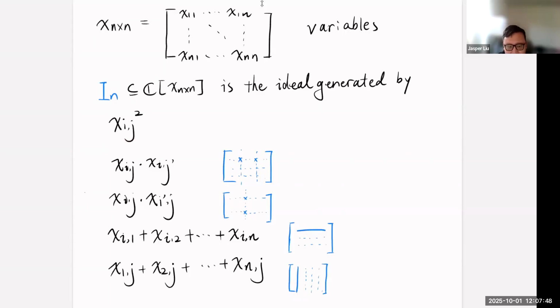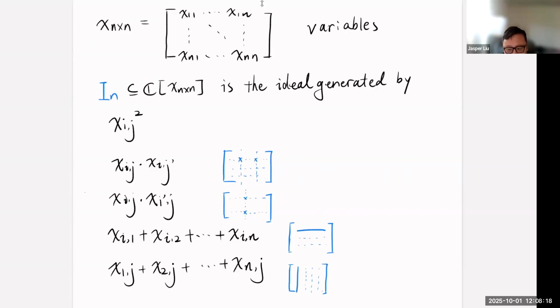The first impression on this ideal should be that it is homogeneous. So if you take the quotient, we will expect some grading on this quotient ring. The second thing is that if we consider the action of the symmetric group on the row indices i or the column indices j, we'll see that this collection of generators are stable under these actions.